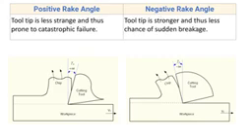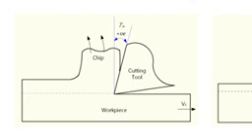Next difference: the tool tip is less strong and thus prone to catastrophic failure. With positive rake angle, the tool tip is sharp and there is very little material at the tool tip, and that is why we cannot use this cutting tool for higher cutting forces or higher feed, because if we increase the feed there will be more cutting force, more reaction on the tool tip.